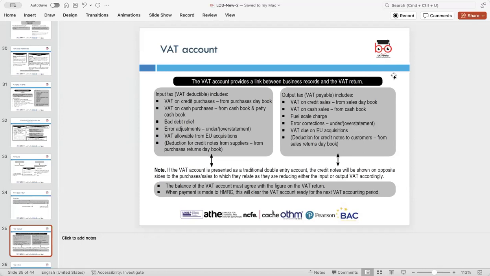When payment is made to HMRC, the VAT account is cleared ready for the next VAT accounting period. So the VAT account operates ensuring businesses accurately record and report VAT transactions, facilitating compliance with tax regulations.